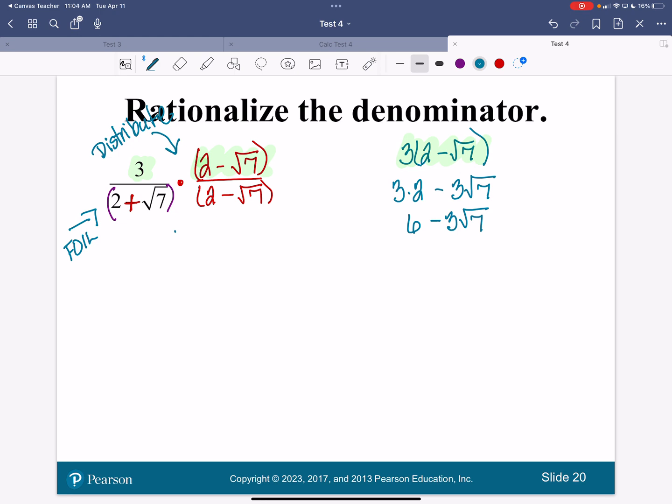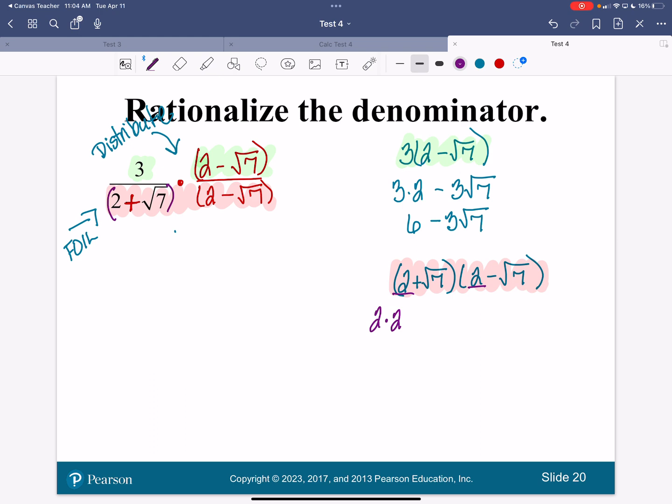Okay, now I'm going to focus on this. I have to FOIL this. So I'm going to have 2 plus the square root of 7 times 2 minus the square root of 7. Okay, so I am going to FOIL this. 2 times 2, that is going to be 4.